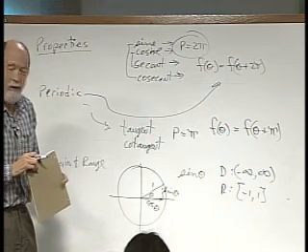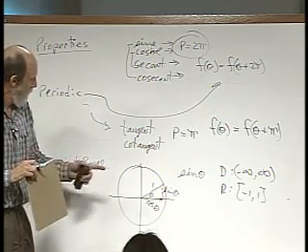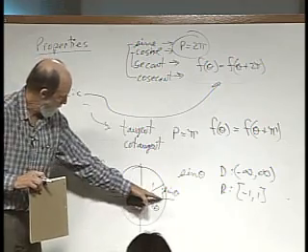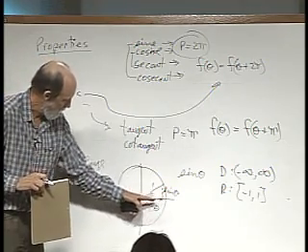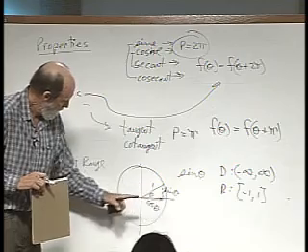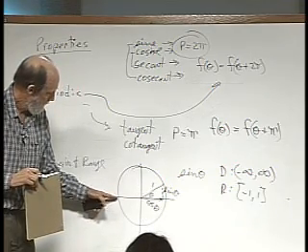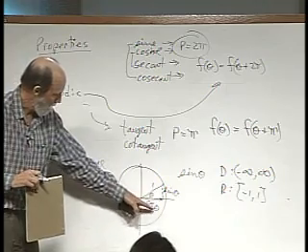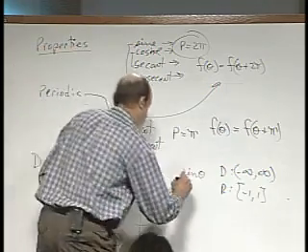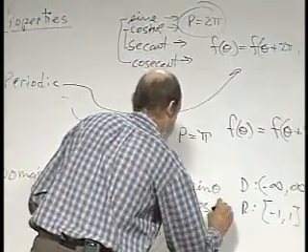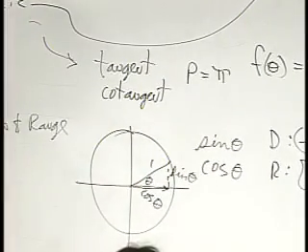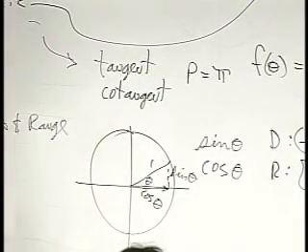All right? Same thing will happen on cosine, because cosine can vary from as large a value as +1 over here to -1 over here. But there's no problem in the choice of the angles on the cosine. So your sine and cosine functions have that kind of behavior for domain and range.